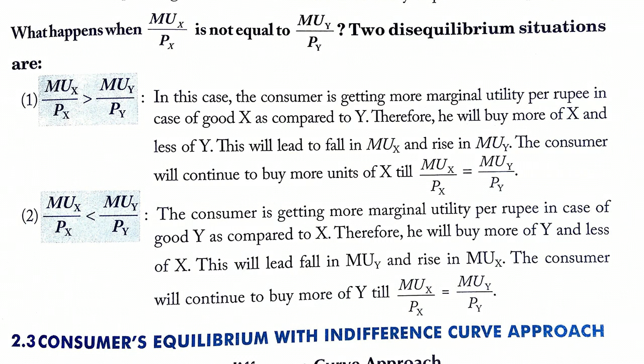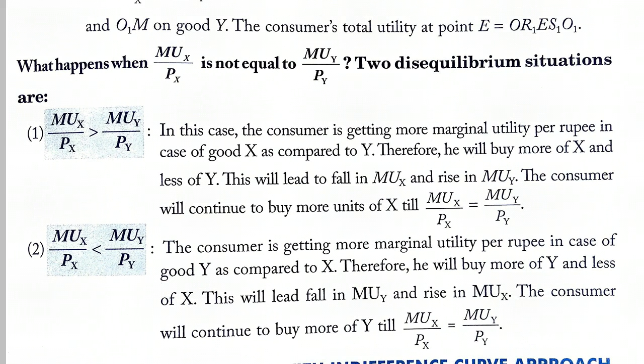So this is a situation where the consumer attains MUx by Px equal to MUy by Py, and that is the level of equilibrium. That means the consumer is allocating more money to X and less money to Y in situation 1.